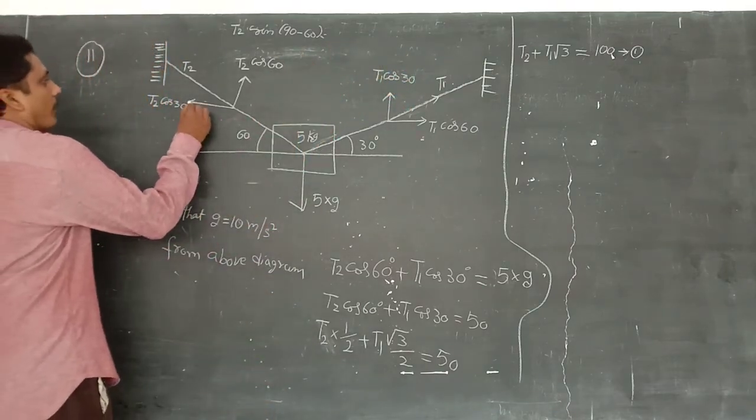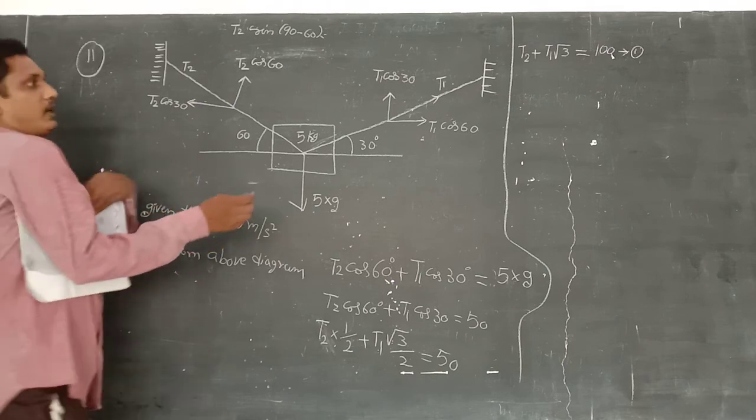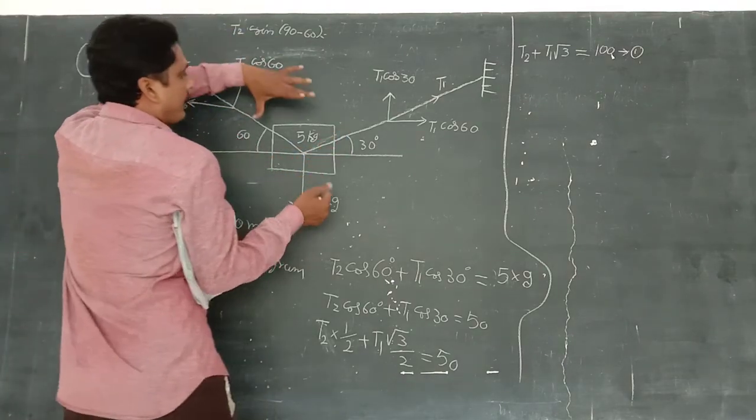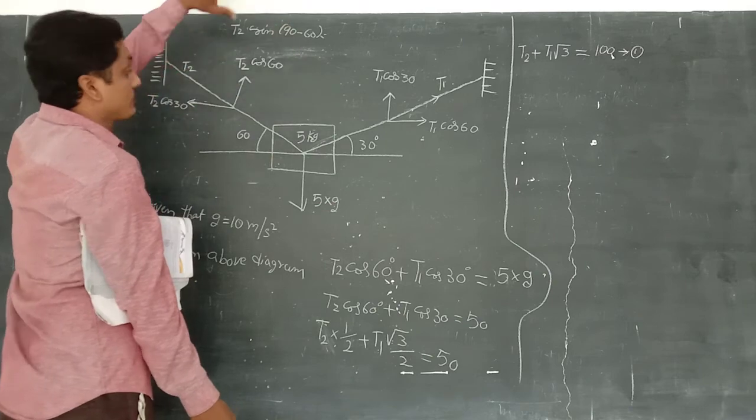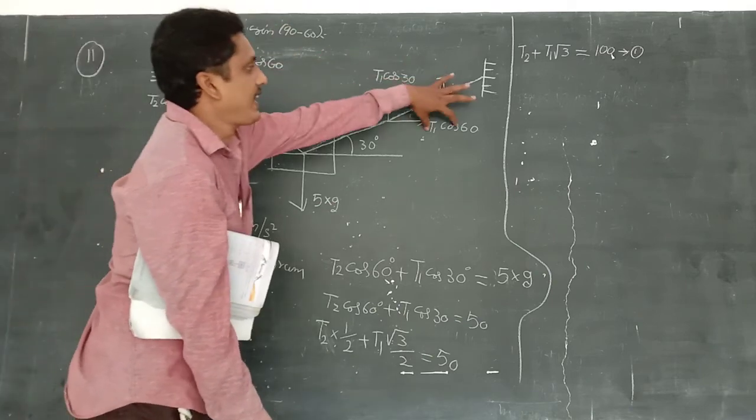Next, the horizontal components. The body is suspended by two strings and it is in equilibrium in the horizontal direction, so these two forces are equal.